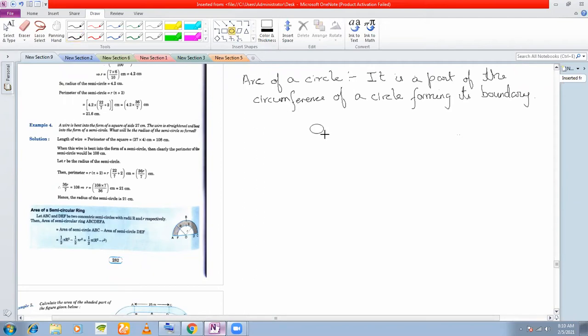Now, what do you mean by an arc? You have a circle, say this is the center, then say this part of the circle, only this part, I take 2 points, A here and B here on the boundary.